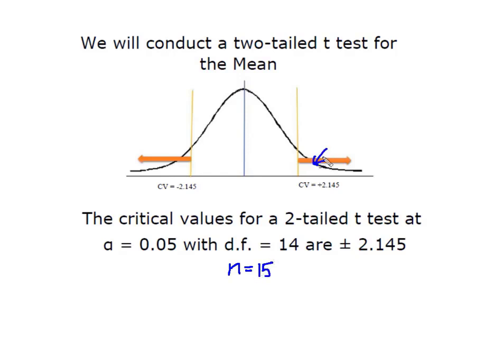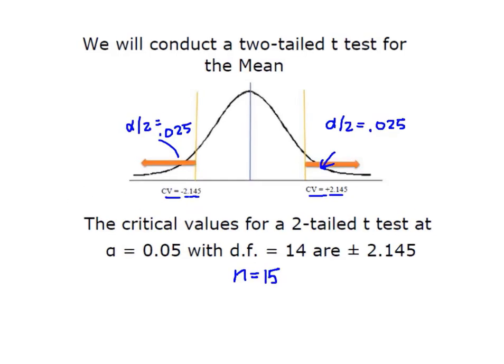And so I know that my alpha is split in two, and I have 0.025 up in the right tail, and I have an alpha divided by 2 of 0.025 in the lower tail. And this gave me symmetrical critical values of plus and minus 2.145. I pulled these out of a t-distribution table.